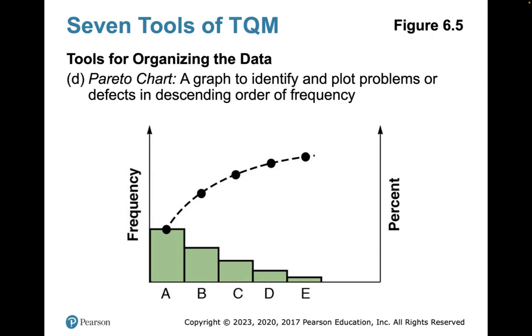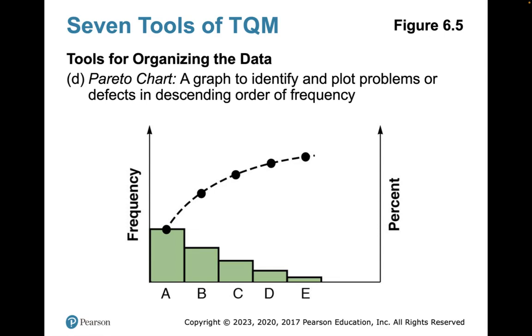Once we have that information, what we can do is take that information and apply it to a way to organize that data. That specific tool we're going to be looking at is the Pareto chart. Again, this is going to help us organize that data, and it helps us also prioritize the most frequent to the least frequent types of causes.